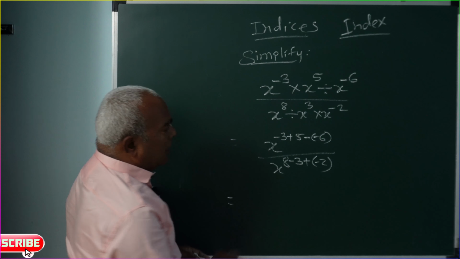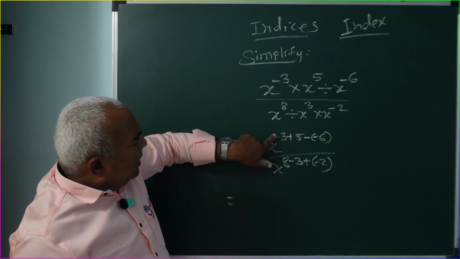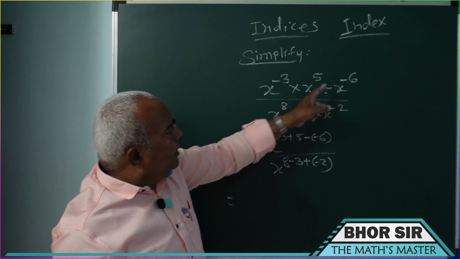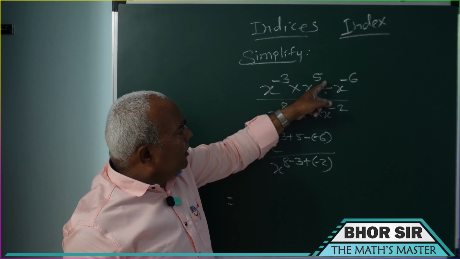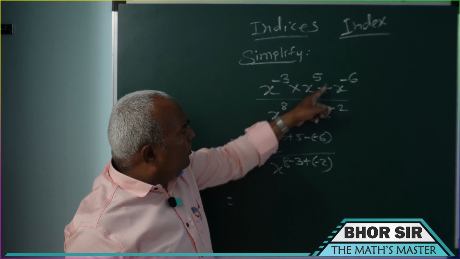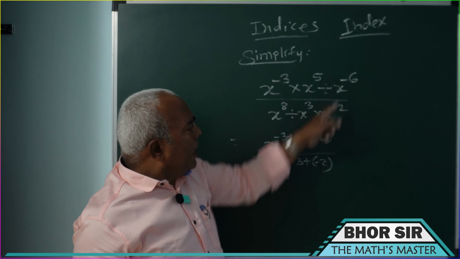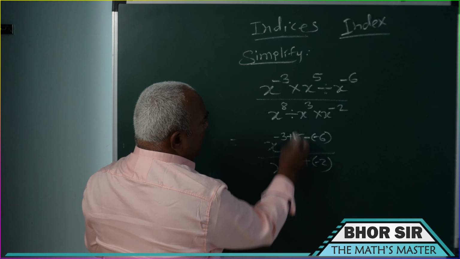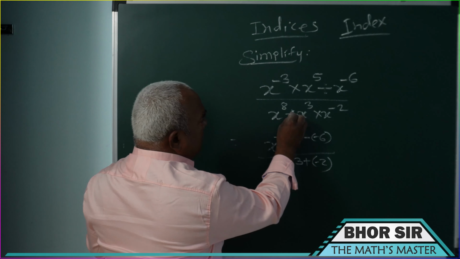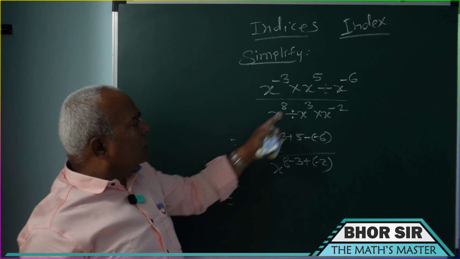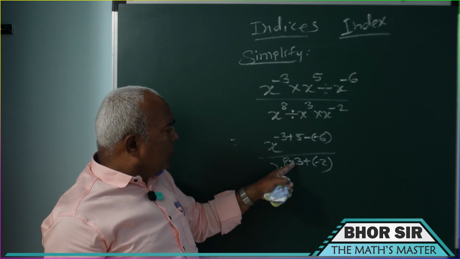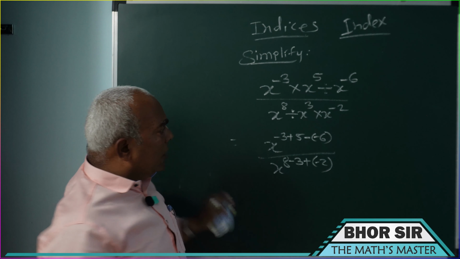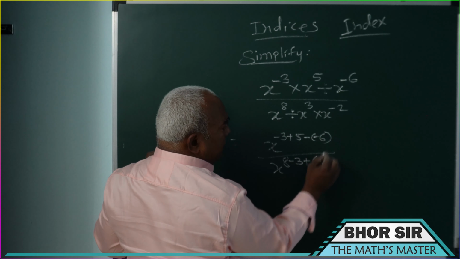See this concept clearly. x raised to minus 3 plus 5. This minus is for indices. If there is division of indices, here will be minus this way. Minus and this minus 6. 8 minus 3. Minus why? Because here is division. Therefore we should do subtraction of indices. Here plus sign, therefore we should do addition of indices. Addition, but minus is already there.